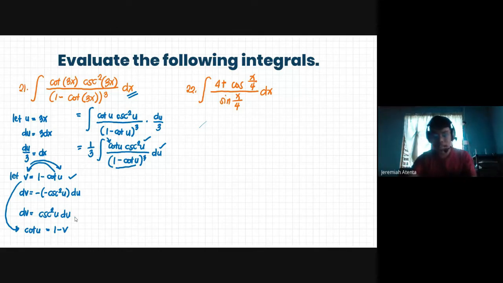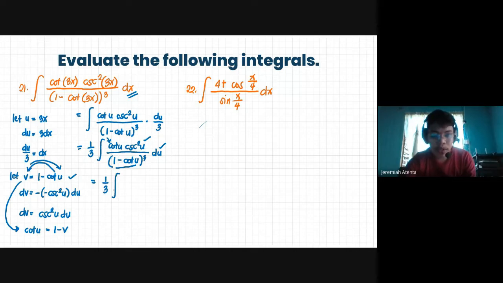Right? So from that, we have expressed cotangent in terms of v, and that is 1 minus v. And now this integral is easier to simplify. So this will become equal to 1/3 integral of cotangent u is 1 minus v.